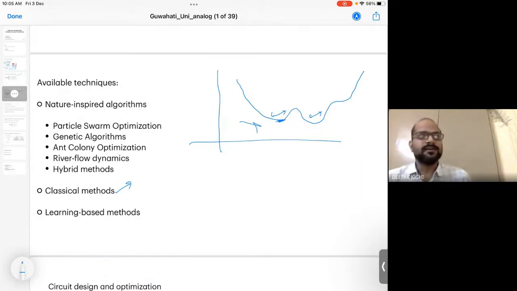But in this particular field of analog circuit design, researchers are quite conservative. They are not putting their databases on the internet so that it can help the community. But one of my MTech students has tried to initialize this database, and then trained the circuit on it.